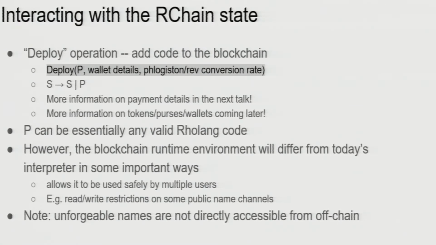Because you can never write down an unforgeable name, right? So P has to be some valid piece of Rholang code, and you can't write down an unforgeable name outside of its lexical scope. So if its scope is on-chain, you can't write it down in your deploy. This means that you're going to need public names in order to have entry points into the unforgeable names that are useful on the blockchain. And we'll look at some examples of that later.